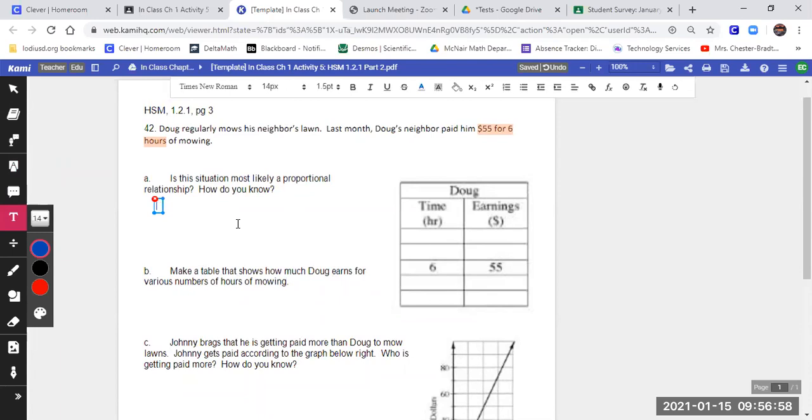So when we're reading something and it tells us this amount for this time period or this many people or that many things, that is a proportional situation.